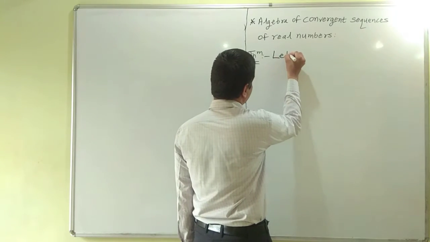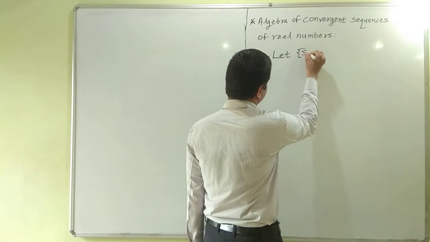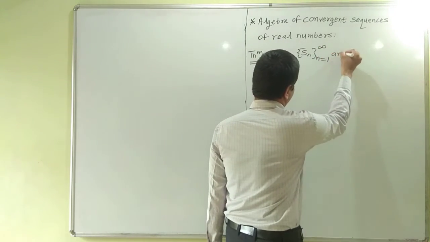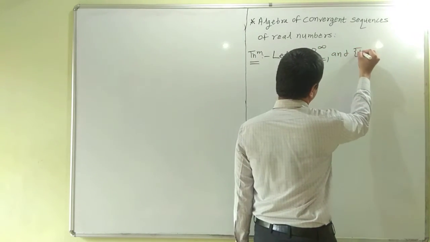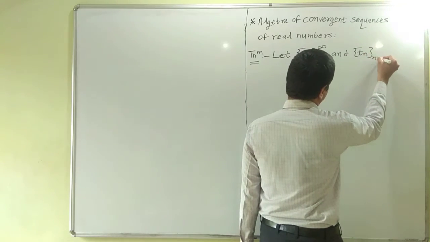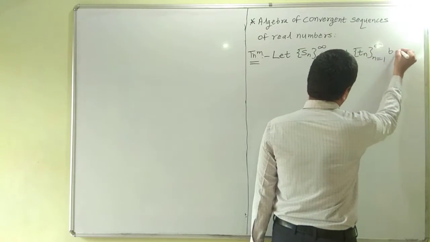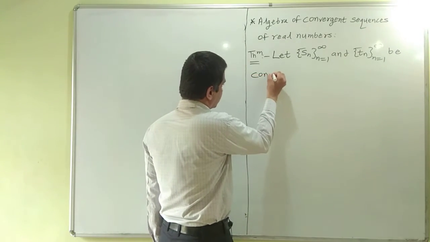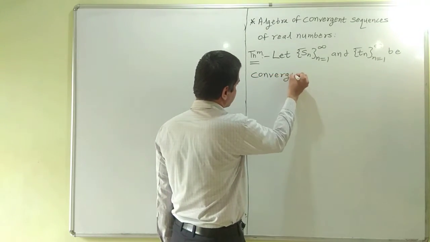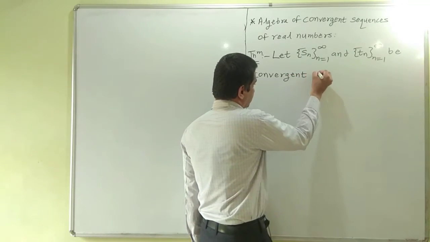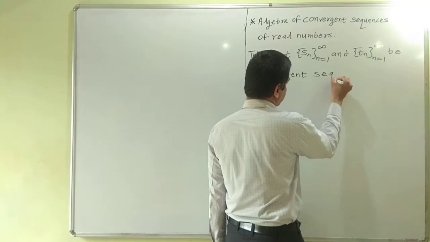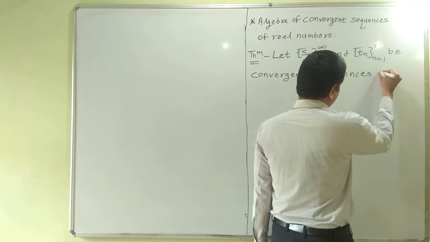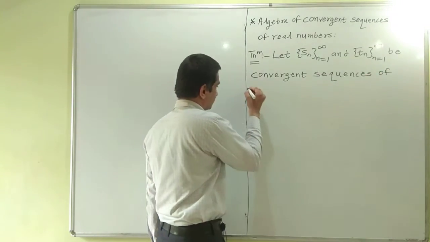Let Sn, n equal to 1 to infinity, and Tn, n equal to 1 to infinity, be convergent sequences of real numbers.